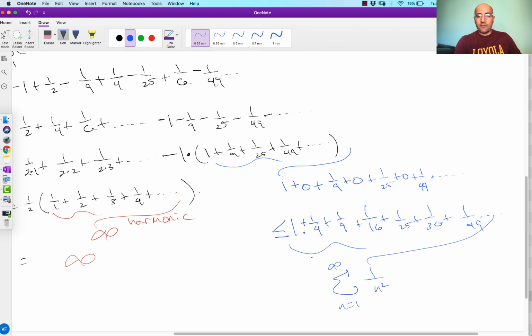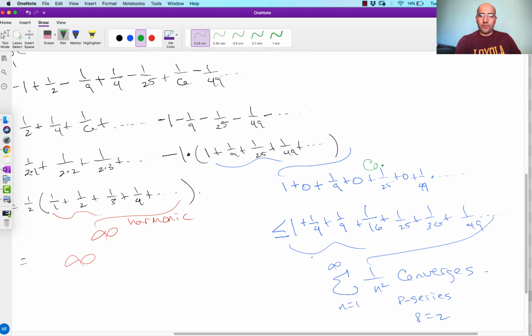The denominators are all the counting numbers squared. So this one converges because it's a p-series with p equal to 2, and this is a subset of that. So it's also got to converge.